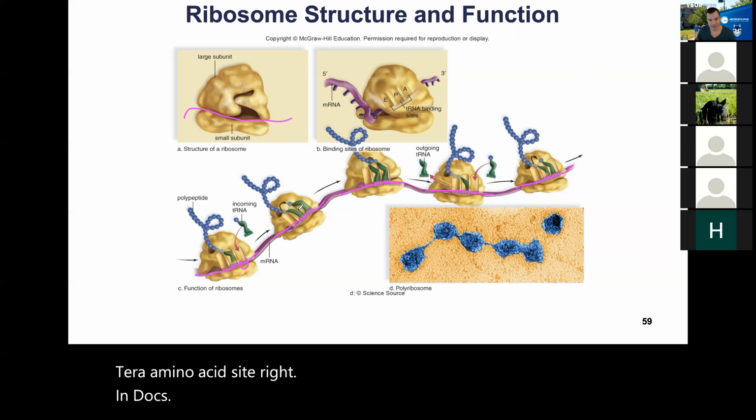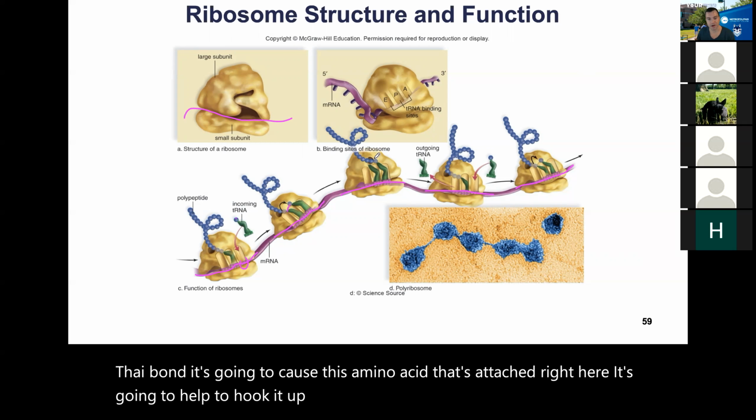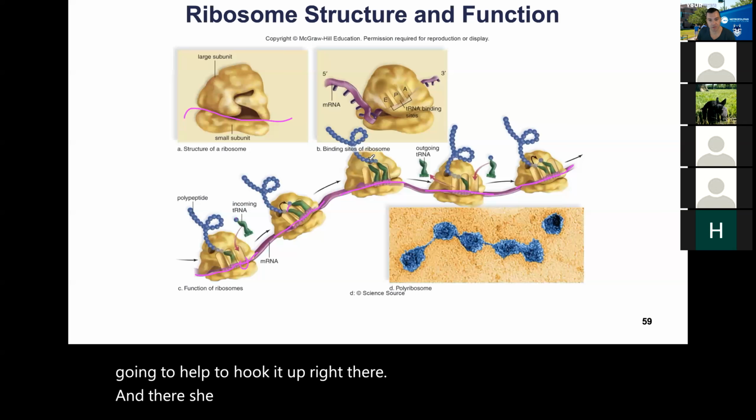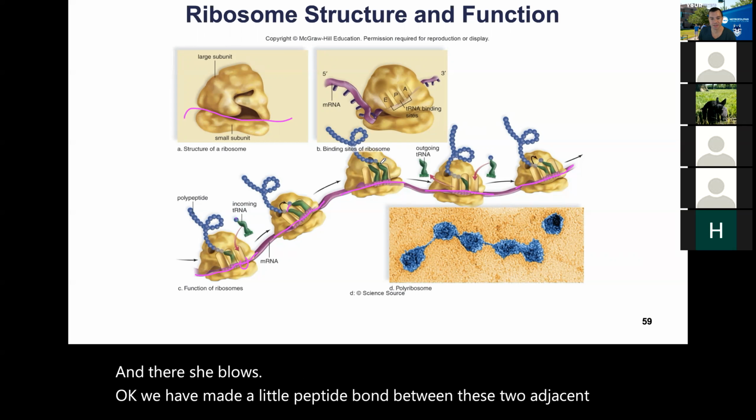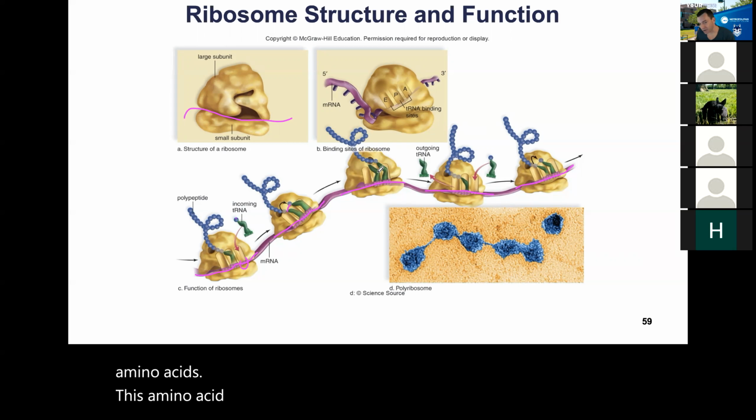As it docks here, at the P site where we form that peptide bond, it's going to help hook up the amino acid that's attached right here. And there she blows. We have made a little peptide bond between these two adjacent amino acids. This tRNA molecule is going to go over here.